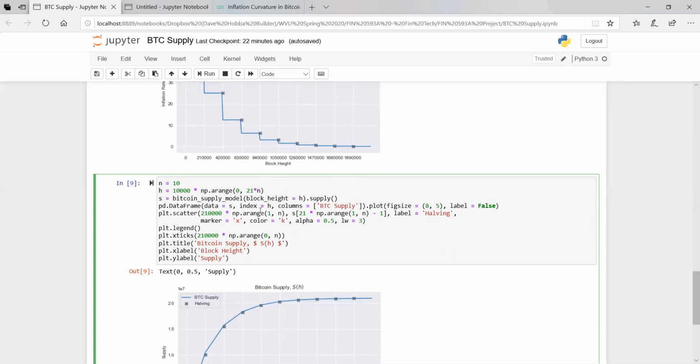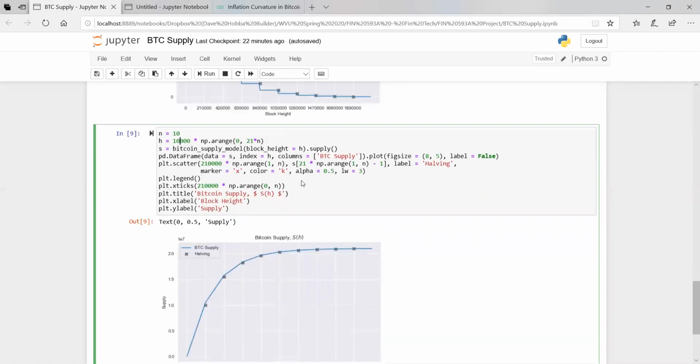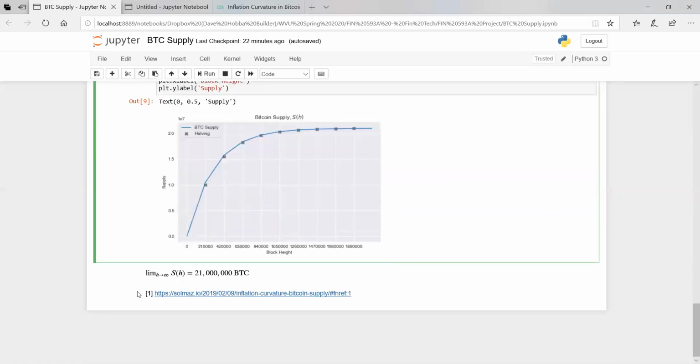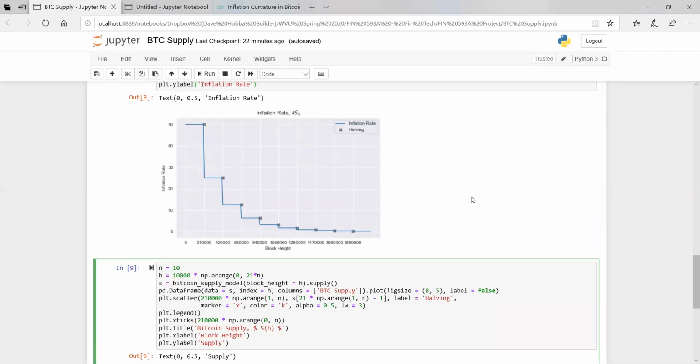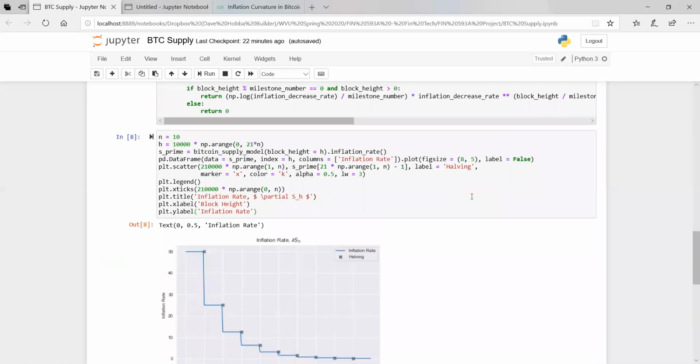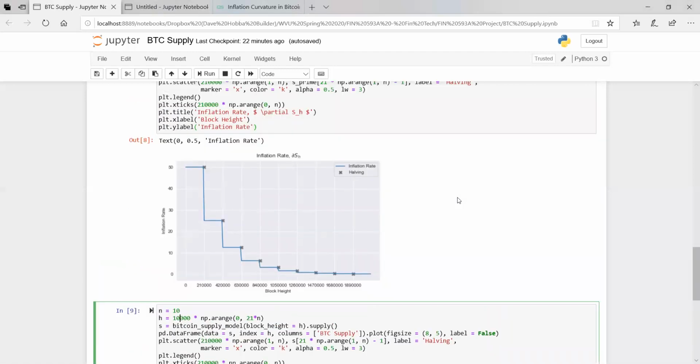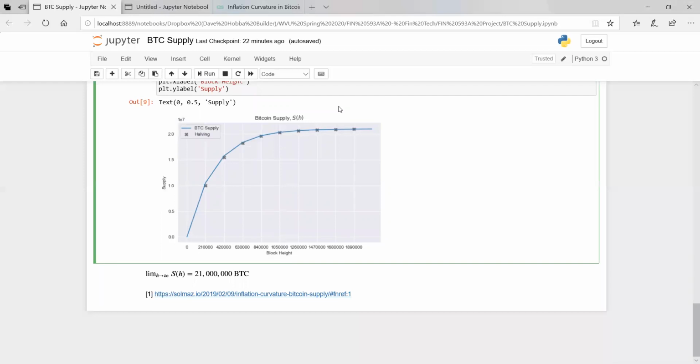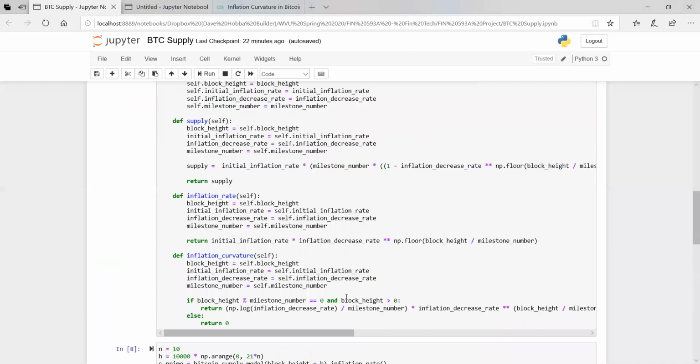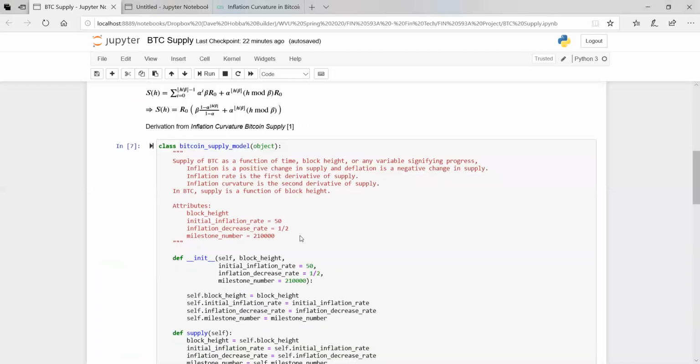And as you can see, if you take the limit as block height goes to infinity, if it just keeps being created continuously, infinitely many times, the supply of Bitcoin will approach 21 million. It cannot exceed this, and this is shown in the model up here.